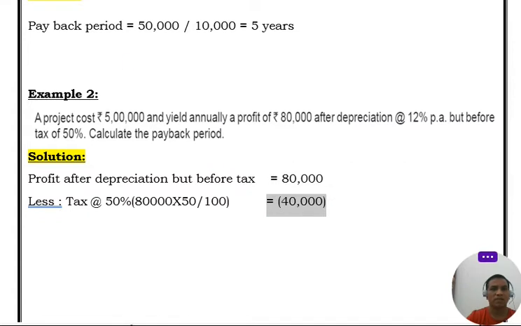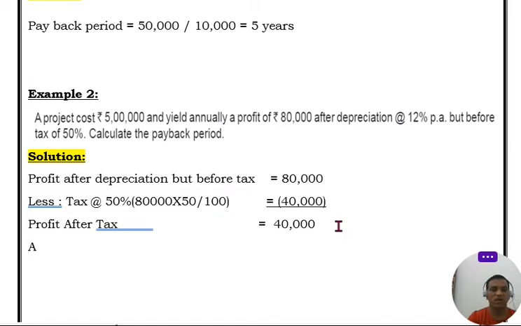So if you deduct this, what answer will you get? That is profit after tax. How much is it? Profit after tax is equal to 40,000. Then again, we want cash flows.